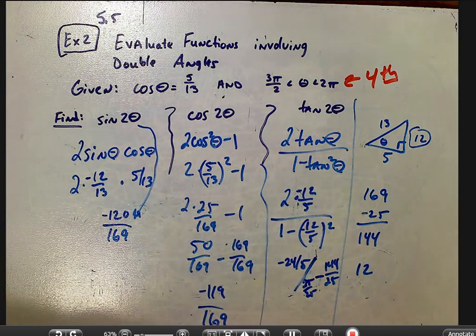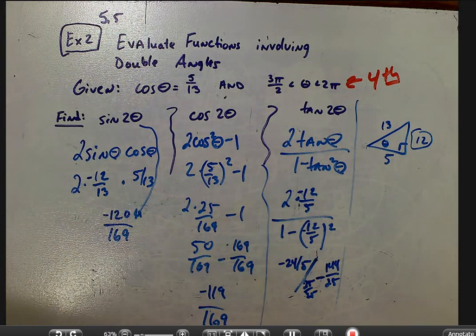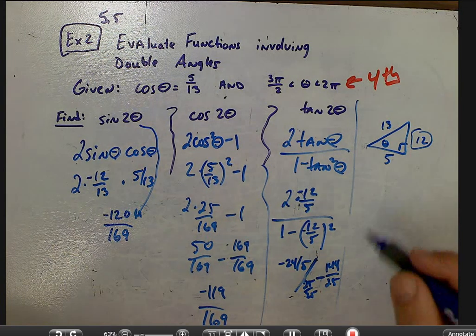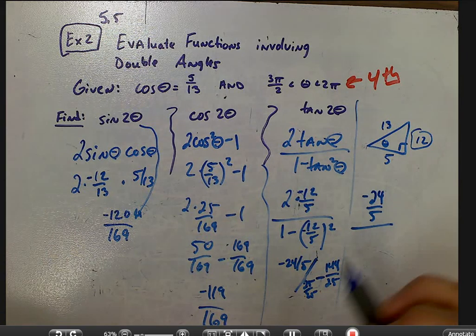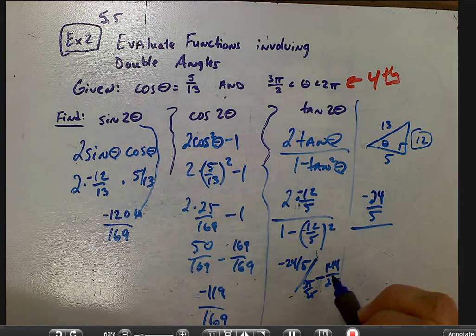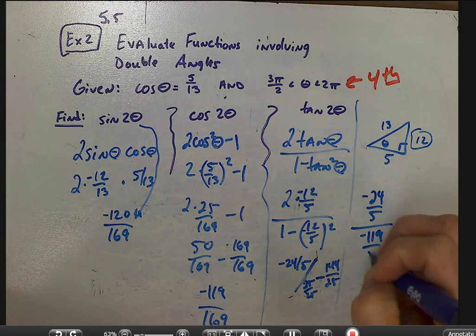We're getting a little worked out on space there, so let's come over here. So I have negative 24 over 5, all over 25 minus 144, which is going to give me negative 119 over 25.